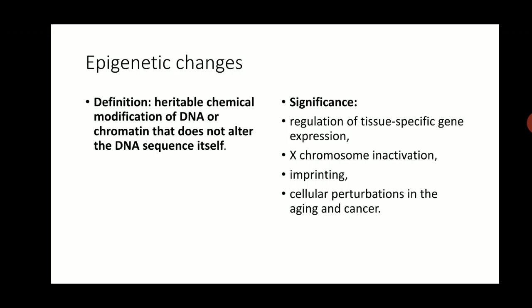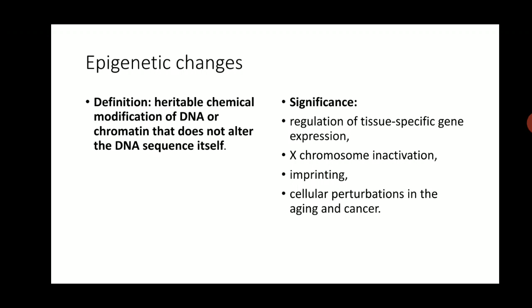The epigenetic changes enable the beta cells of the pancreas to produce insulin, whereas the same genes are masked in the skin cells due to epigenetic or chemical modification, and hence insulin production is not feasible in the skin cells. That's why I have said the epigenetic changes are essential for regulation of tissue specific gene expression.